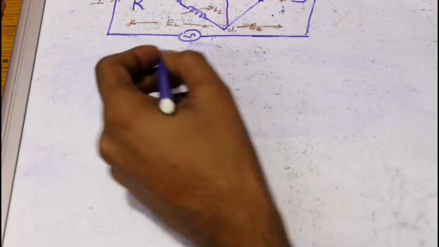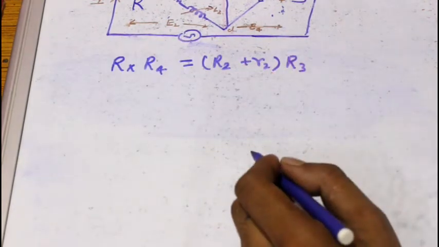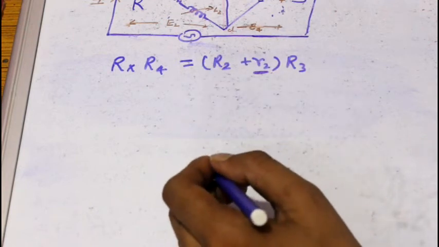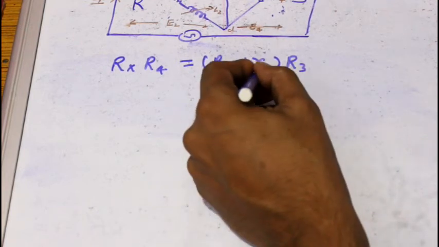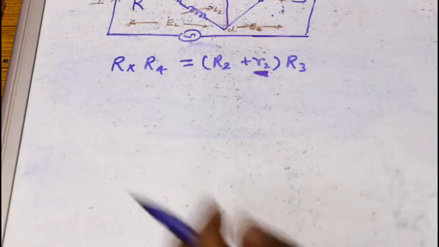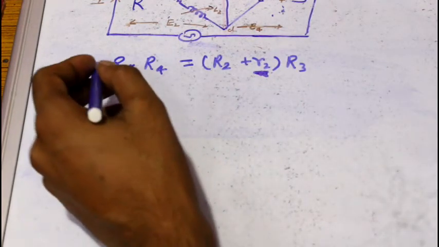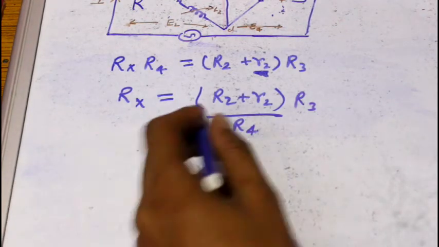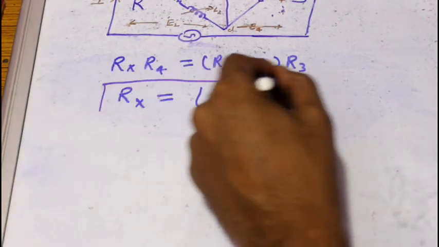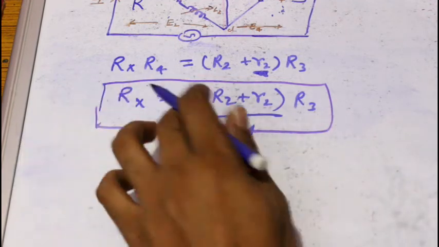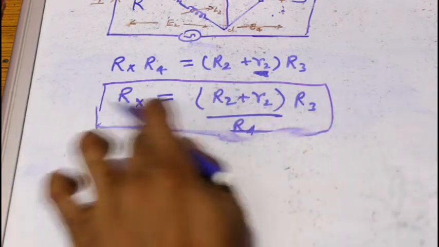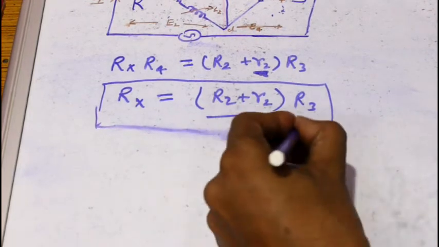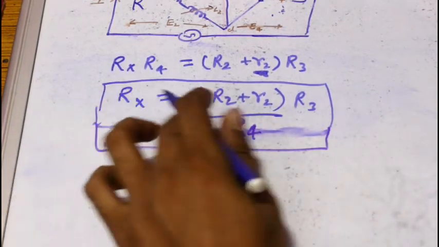Here R2 represents the internal resistance of the coil. From this equation we find Rx, the unknown resistance of the AC bridge.